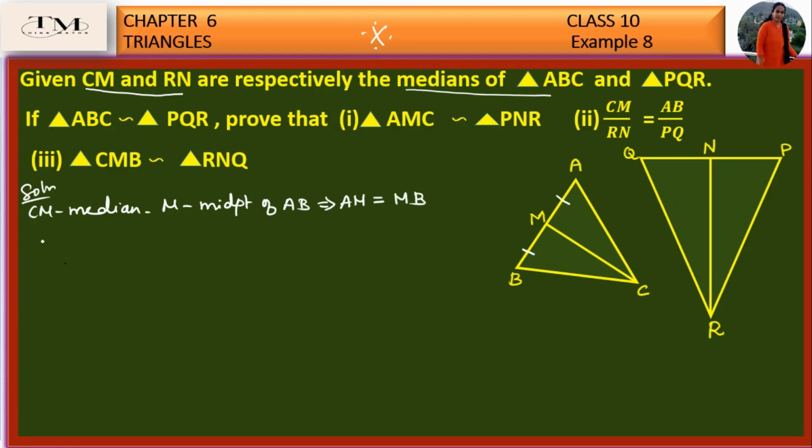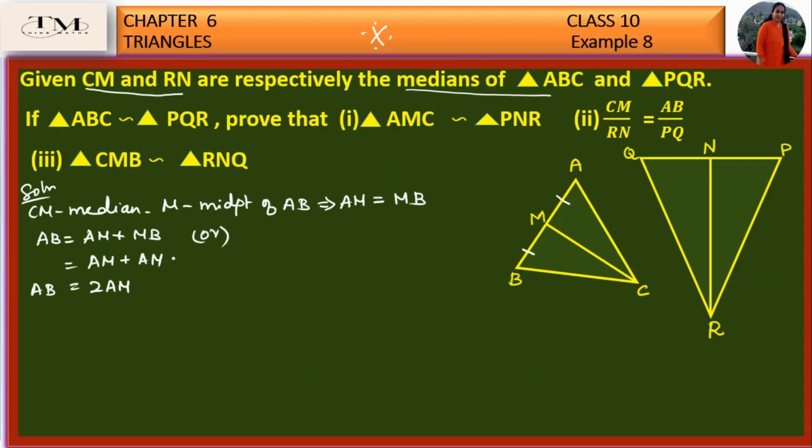Now let us consider AB. AB is nothing but AM plus MB. AM and MB are equal, so instead of MB we can write AM, which is equal to 2 times AM. So AB will be equal to 2 times AM.